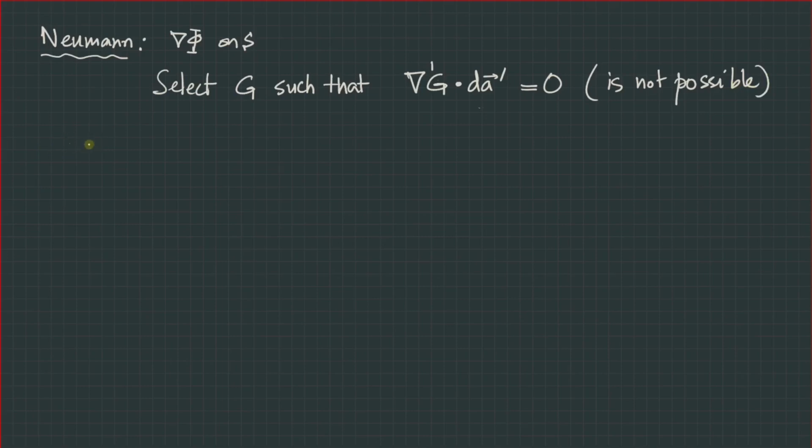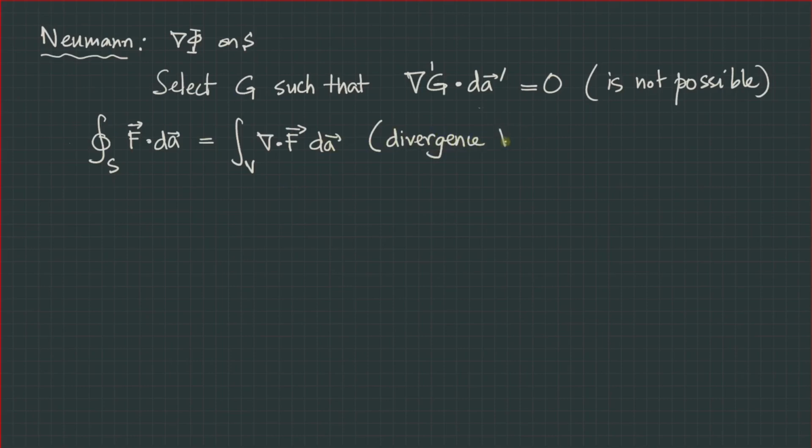Why is it so? So this is the divergence theorem. Using this, we can basically find that the surface integral is equal to the volume integral of the divergence of this, and we know that the divergence of a gradient is simply the Laplacian.